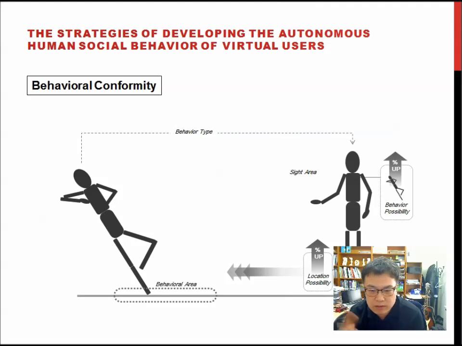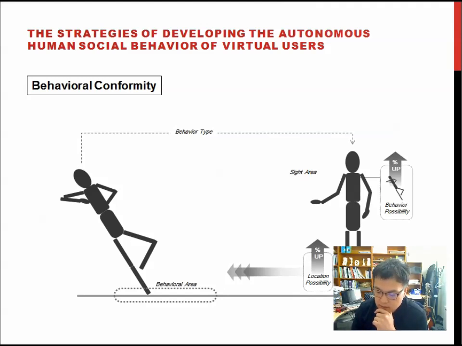Behavioral conformity, behavioral setting, and then group biases. First, behavioral conformity. This figure shows the strategy for computerizing behavioral conformity. Behavioral conformity consists of social action that conforms to the behavior of another party.